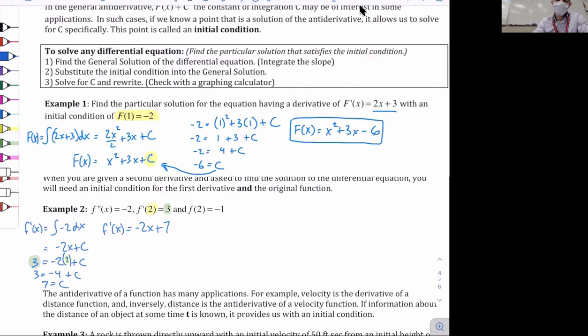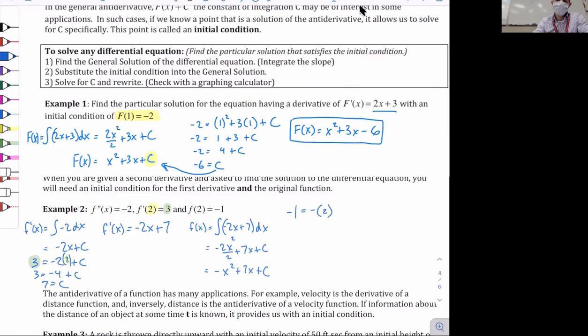Now, we want to go all the way back to the original function, which would be f at x. So we would integrate now the derivative. And again, use our power rule. -2x squared over 2 plus 7x plus c. And then we have to solve for c, knowing that f at 2 equals -1. So we just say -1 equals, I'll plug 2, I said -1, I wrote -2.